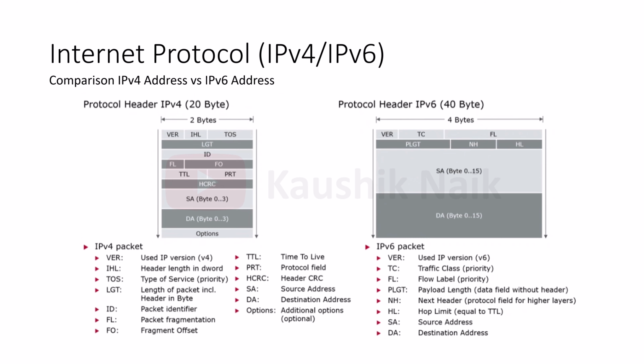Here we can see the comparison of headers used for IPv4 and IPv6. IPv4 uses 20 bytes of header with a lot of different fields or parameters, whereas IPv6 uses 40 bytes of header, out of which 32 bytes are used for source and destination addresses alone.